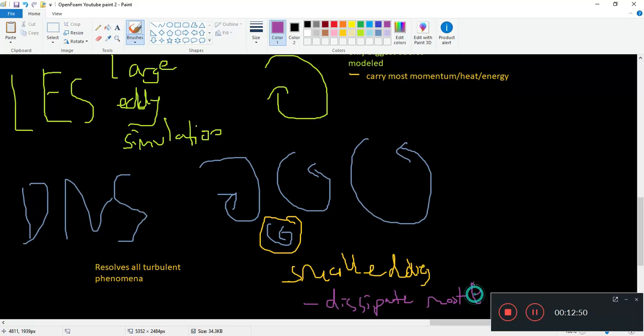Why is it that small eddies dissipate the most energy? Let's consider a small eddy like this. We will have a certain length scale and a certain velocity associated, and this will be u prime.